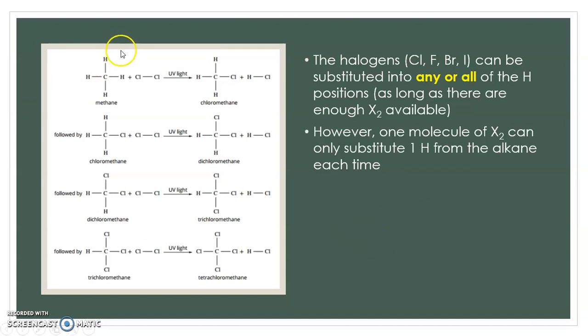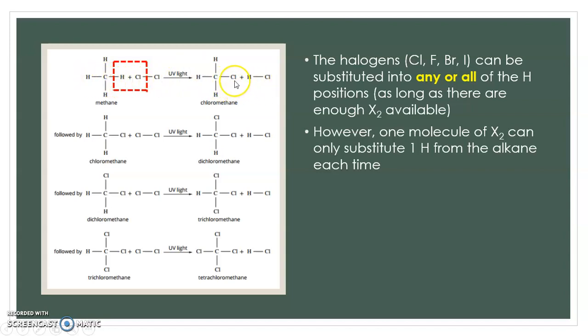So you will see that each time there will be one hydrogen-carbon bond broken, one halogen bond, in this case chlorine-chlorine bond, broken, and then a new bond will form between the hydrogen and one of the chlorines to produce a hydrogen halide, and another new bond will form between this carbon that has just lost hydrogen with one of the halogens. Okay? So this is the first step.